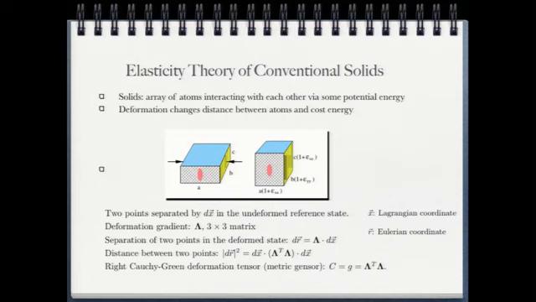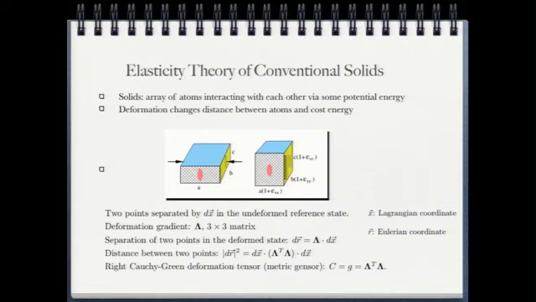So let's consider 2 points separated by dx in the undeformed reference state. We apply a deformation, which is described by a linear transformation lambda, a 3 by 3 matrix.